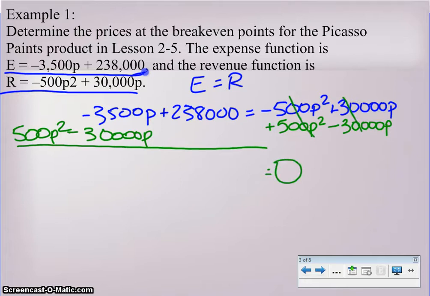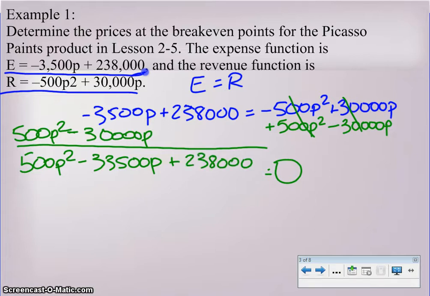The right side will now be 0, and on the left I'm just going to bring everything down. I've got 500p squared. I've got minus minus, so I'm going to add these, and I end up with negative 33,500p plus 238,000 equals 0.